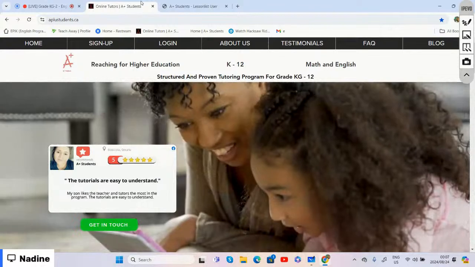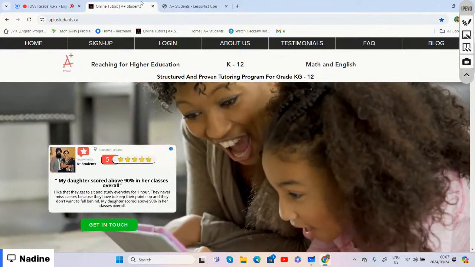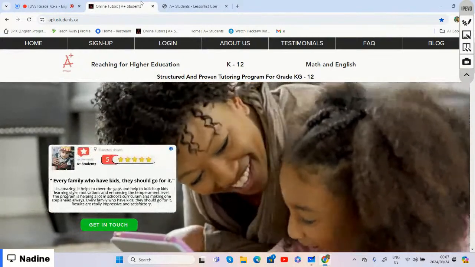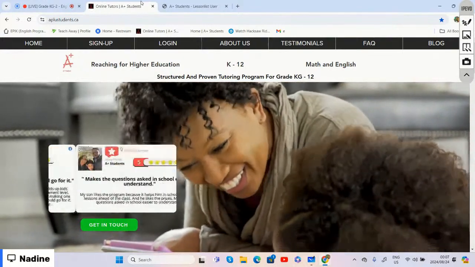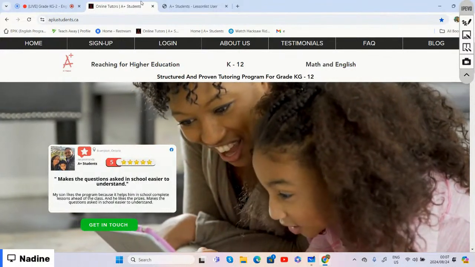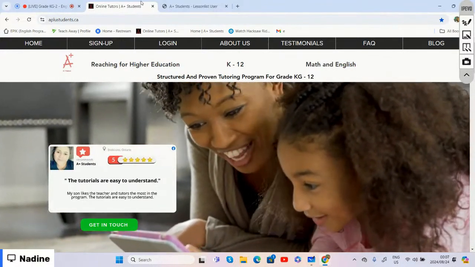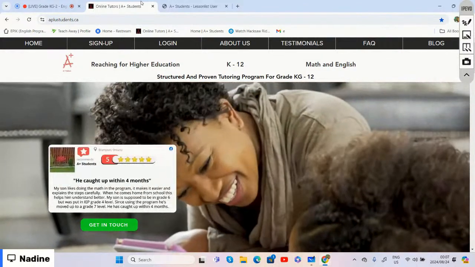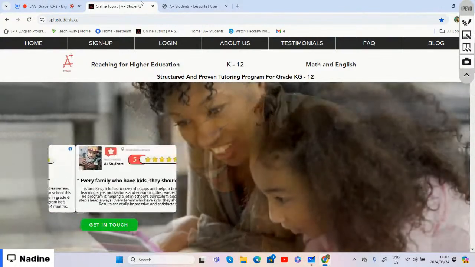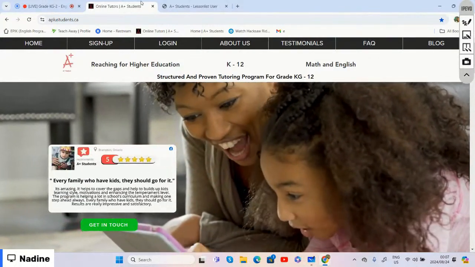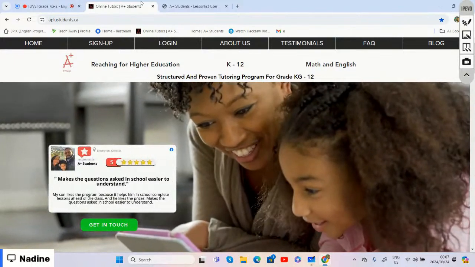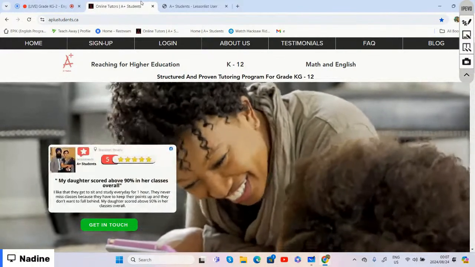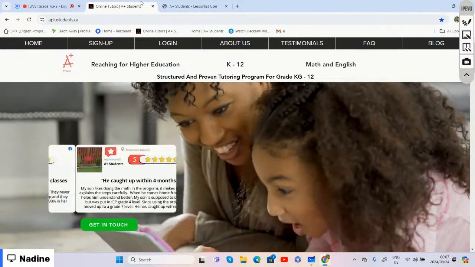Once we've logged on with our username as well as our password, we're going to select the subject of English Language Arts, grade 2, and then scroll down until we get to the chapter of action verbs.